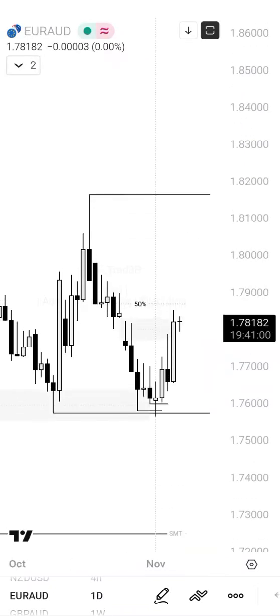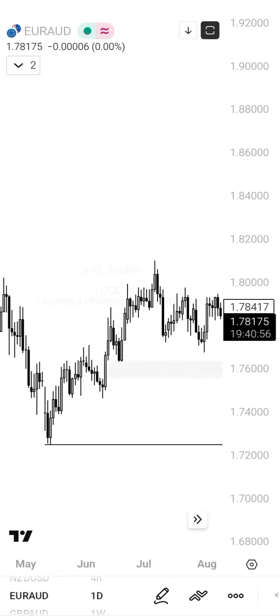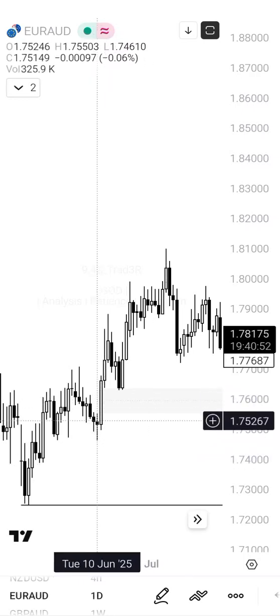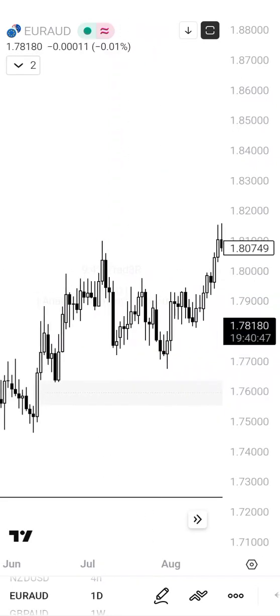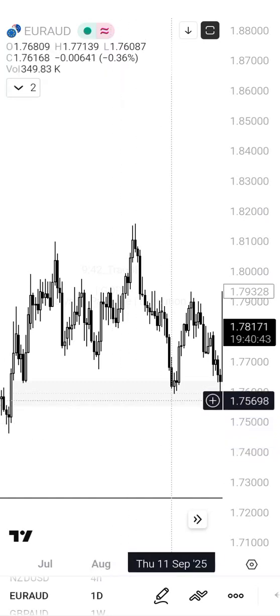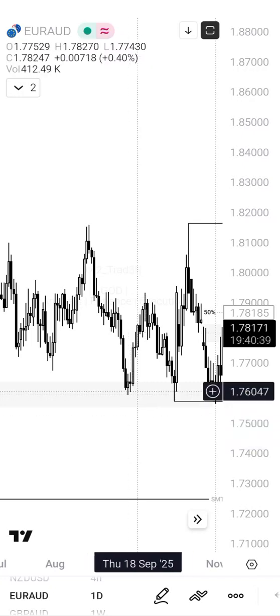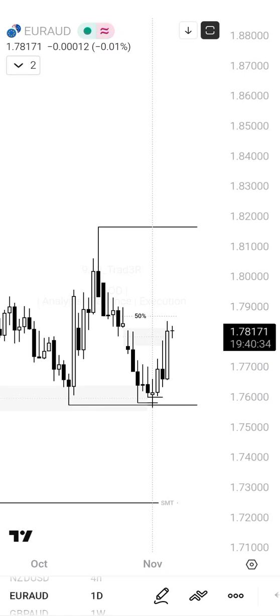So if we go to the daily, you can see now on the daily the fair value gap that was left behind when price was expanding, and they created a low, then they expanded away from it. Now they came back in the future to the fair value gap once, expanded, came back again, took the liquidity, expanded. Now they are back again for the third time.